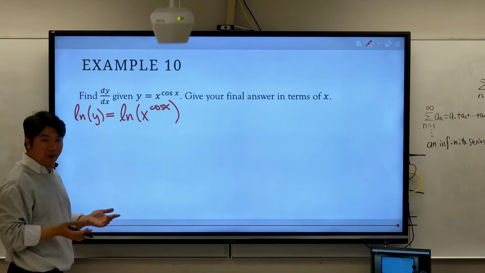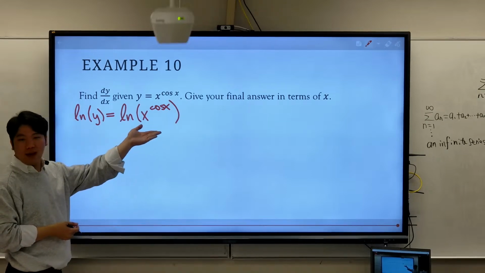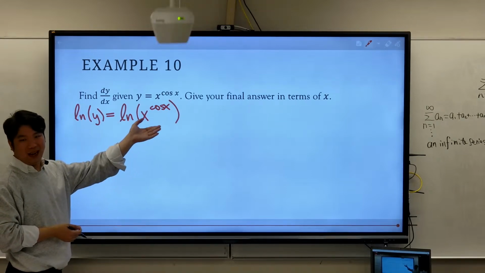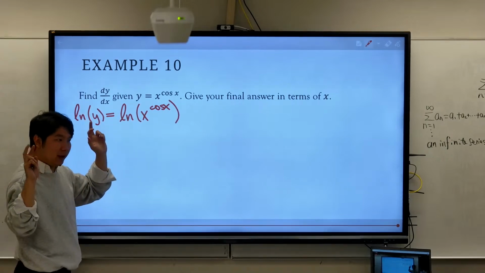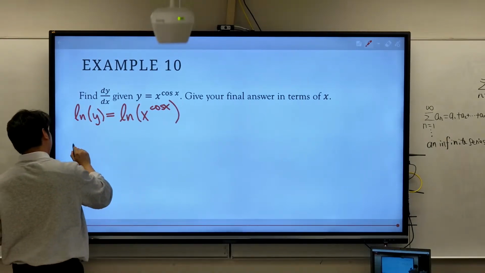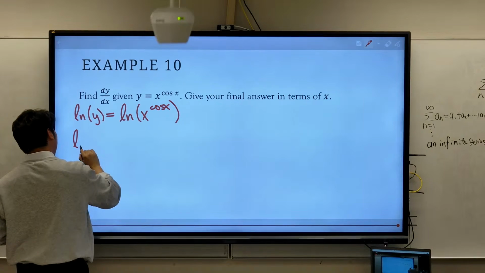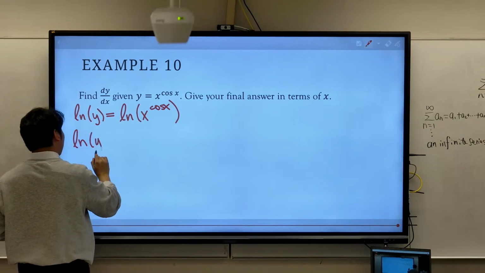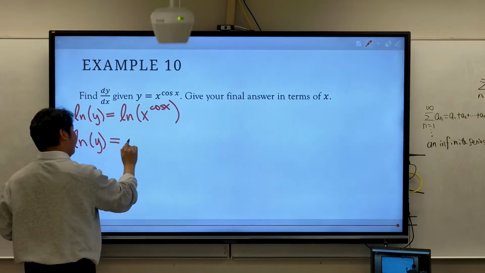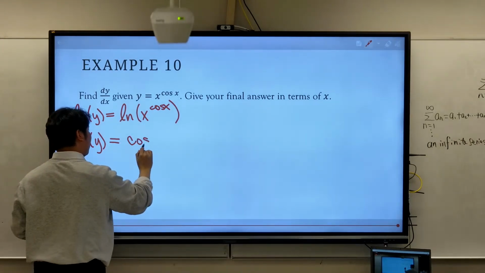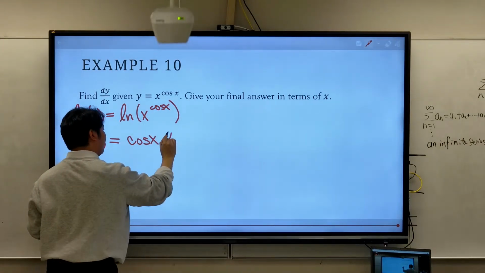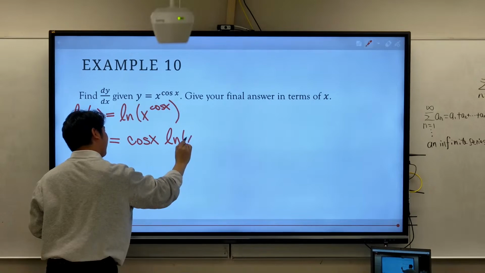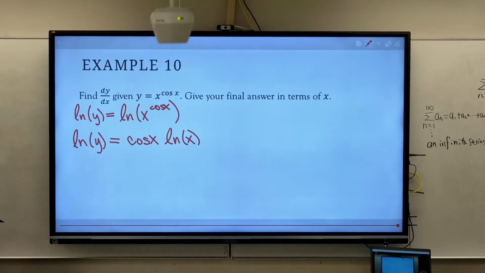Yeah, power to coefficient. This is a power inside the logarithm. I can go ahead and take it and make it into a quote-unquote coefficient. I'm saying quote-unquote coefficient because it's not really a coefficient as we usually think of it. But regardless, we can bring it outside of the natural log. So really, I can write this as natural log of y is equal to cosine of x times the natural log of x.